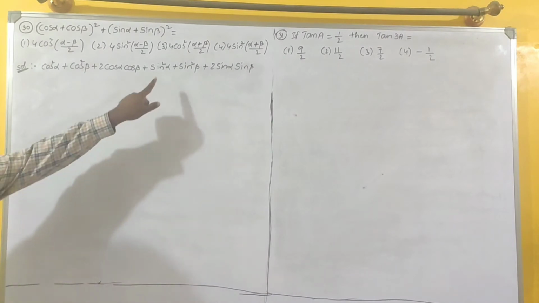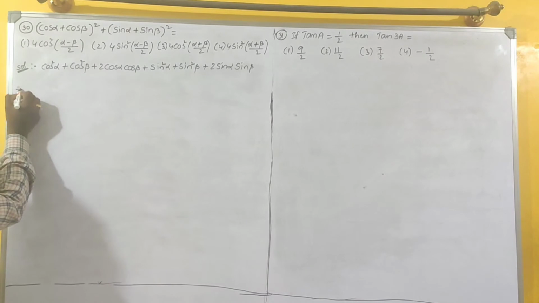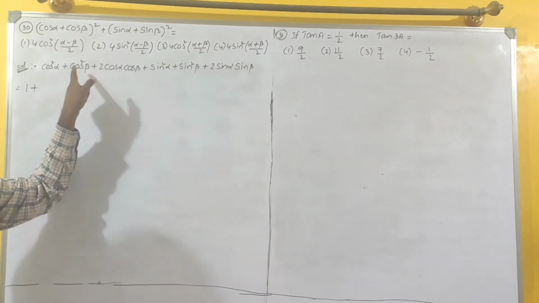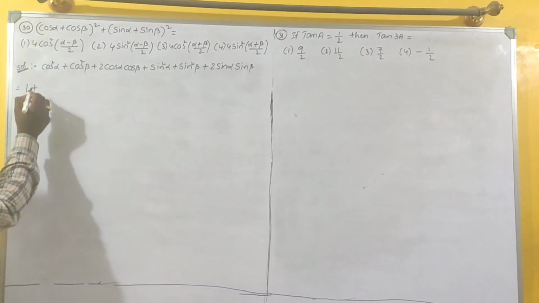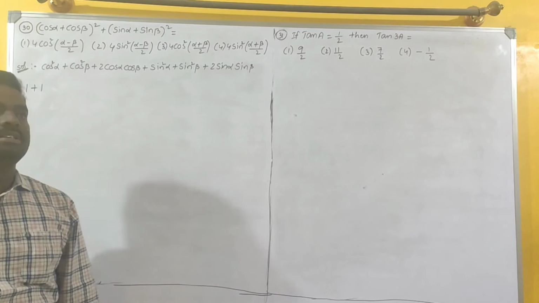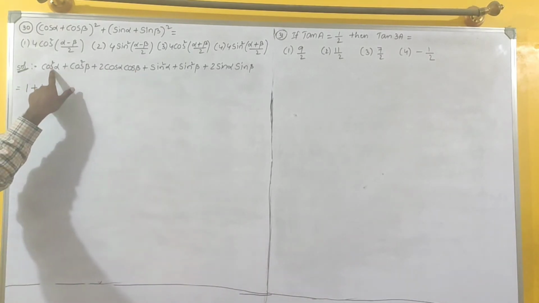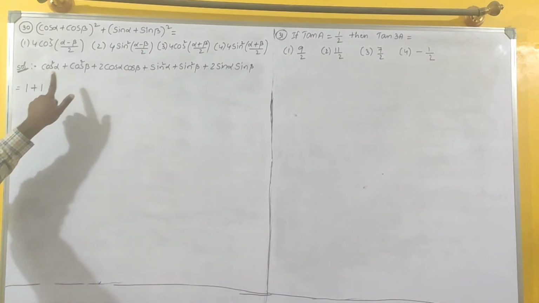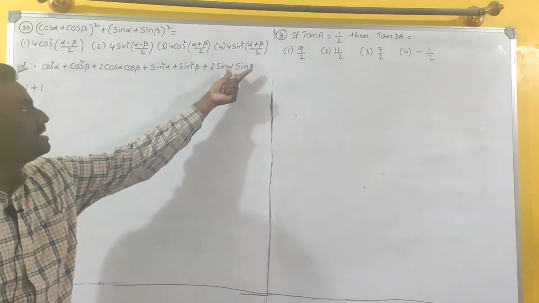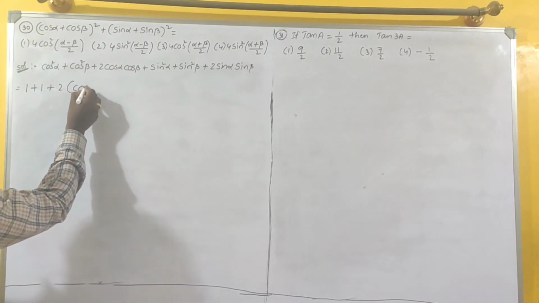We know that sin square theta plus cos square theta value is 1. Again, sin square beta plus cos square beta value is 1. We know the identity sin square theta plus cos square theta equals 1. In these two terms, in place of cos square alpha plus sin square alpha I write 1, in place of cos square beta plus sin square beta 1. In this and this I can take 2 common. If 2 common, what is remaining?